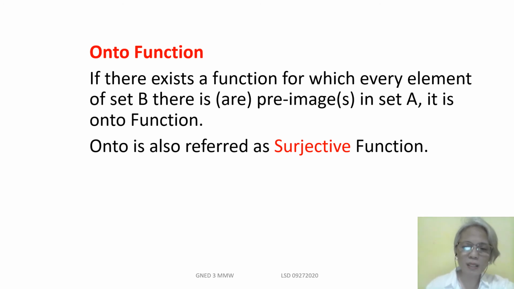In the vernacular, an onto function is described as something such that set B is used up, nauubos yung lahat ng elements ng set B. Lahat sila may pre-image, no? Maaaring hindi mo magamit lahat ng elements ng set A, pero lahat ng elements ng set B ay magagamit mo. Meaning, lahat ng elements ng set B may pre-image. Ano yung pre-image? Yung elements ng X.